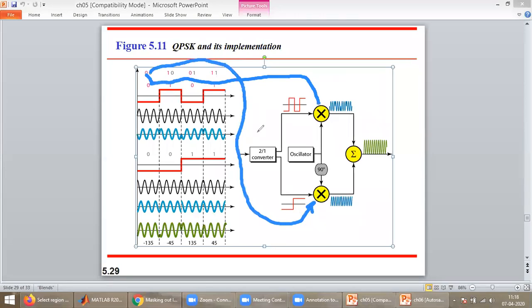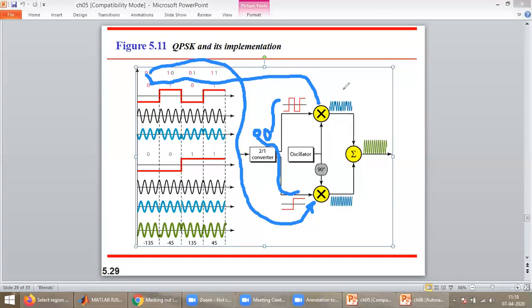Here consider 0, 0. So therefore it is called a 2 to 1 converter. Two serial bits are converted into parallel bits.